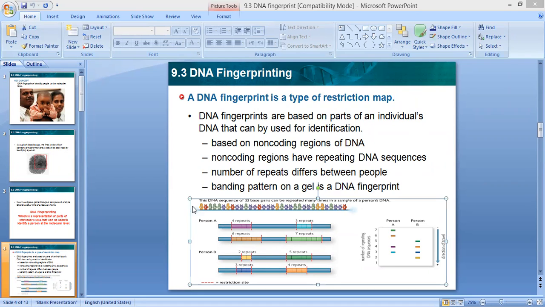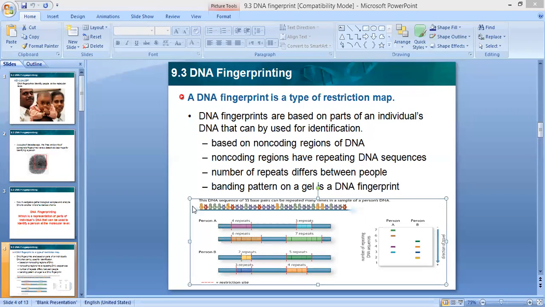Now I have a question. Do all the nucleotides code for traits or have genes, or do I have non-coding parts in the DNA? Yes, we have two types, coding and non-coding.